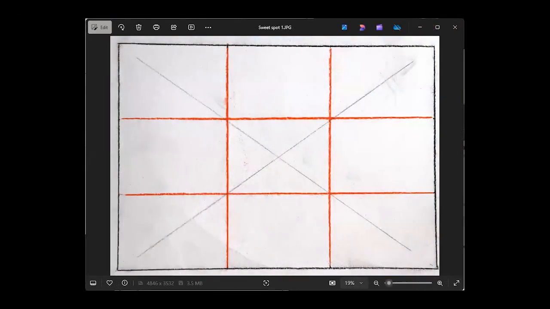The second commonly used format, which relates directly to the golden mean or golden ratio, can be seen in images and architecture all the way back to ancient Egypt, which is probably why those ancient temples have such a profound effect on us. By dividing the page or canvas into 3 equal lengths, both horizontally and vertically, we create 4 points where the lines cross, and we call them the sweet spots.